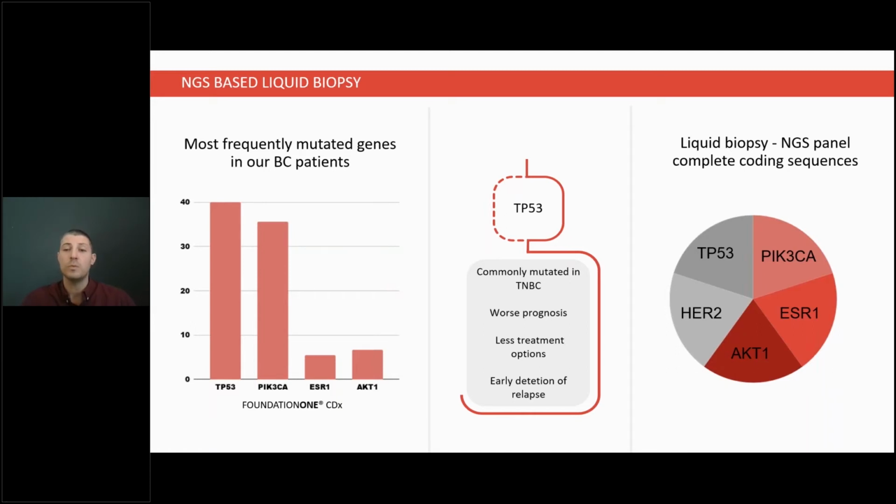Corresponding to what we know from our patients, we decided to design a small NGS panel which fits our needs, our patients, with these 5 genes: PIK3CA, ESR1, AKT1, HER2, and TP53.